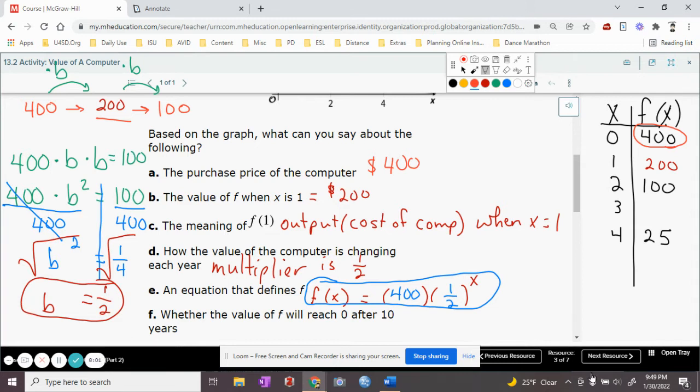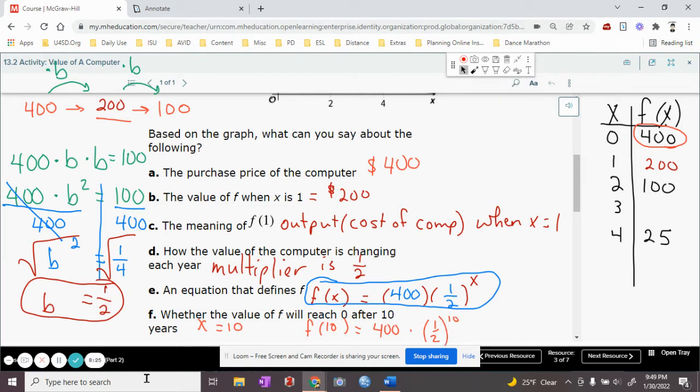Part F is asking, what if x equals 10? What is the output when x equals 10? So we are going to take our function, f of 10 equals 400 times 1/2 to the power of 10.